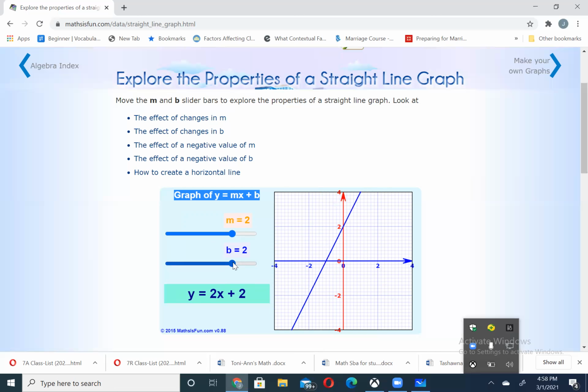I'm going to change my b to positive 3 now. What do you realize happening? Remember, b represents what again? Positive 2. Yeah, but what does the b represent? B represents the what intercept?